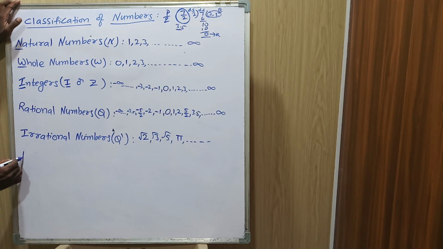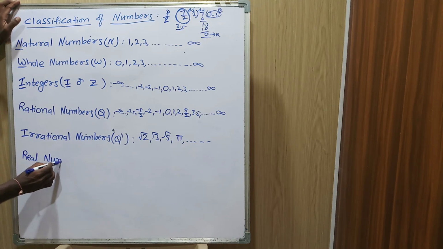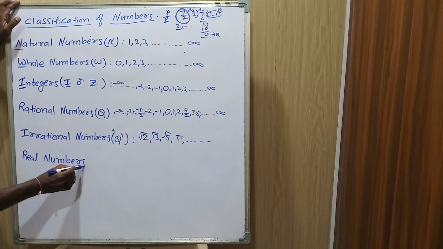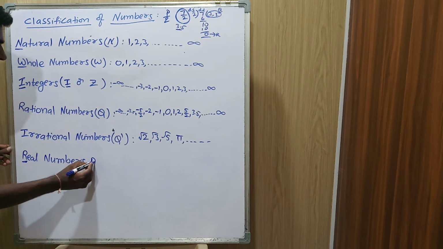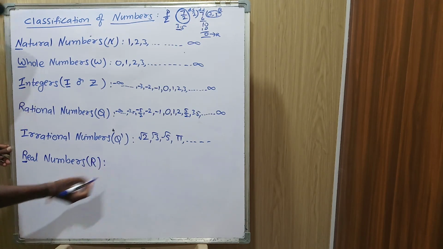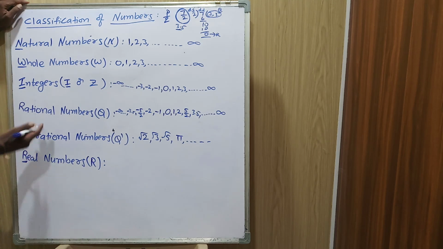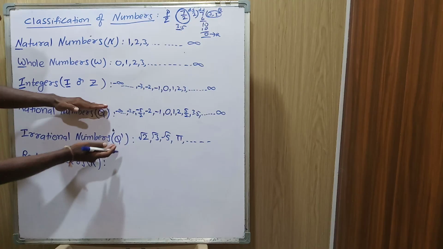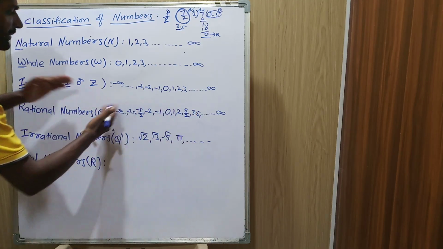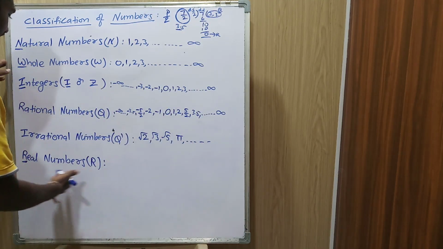Next, real numbers. When you write real numbers, the starting letter is R, so that's why real numbers are denoted by the letter R. Now, the combination of rational numbers and irrational numbers combined together, we call real numbers.